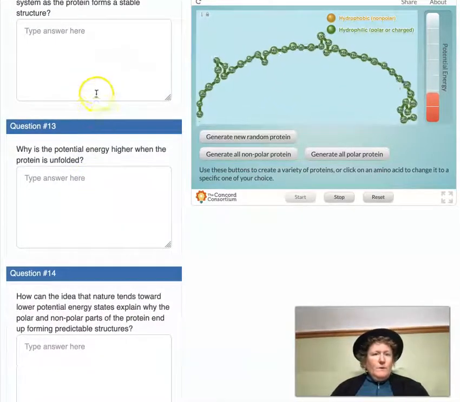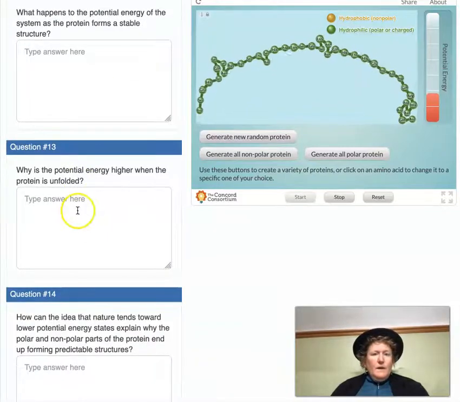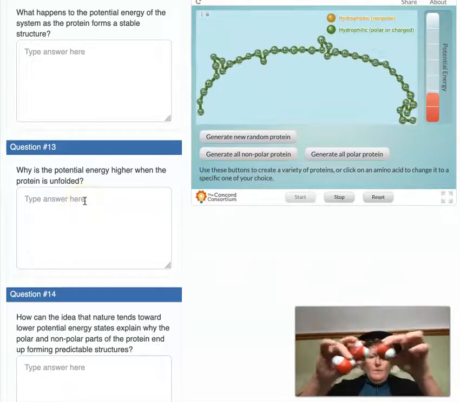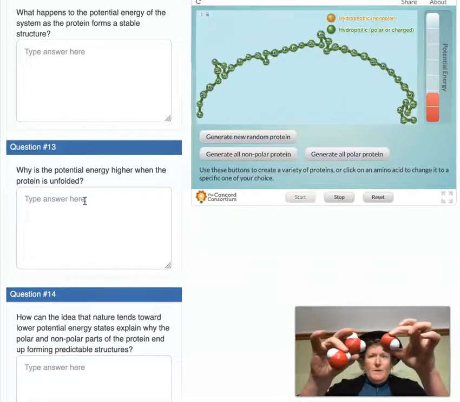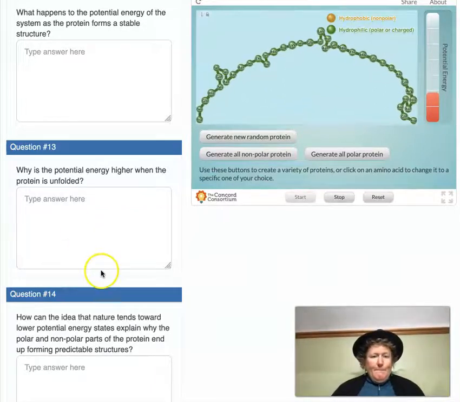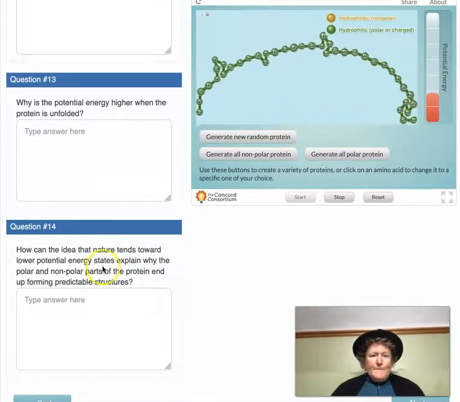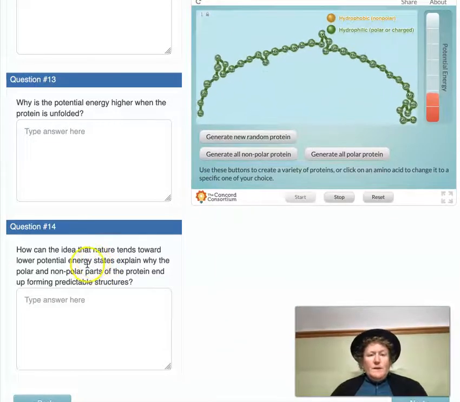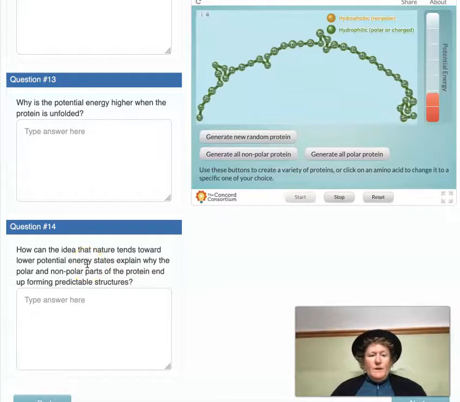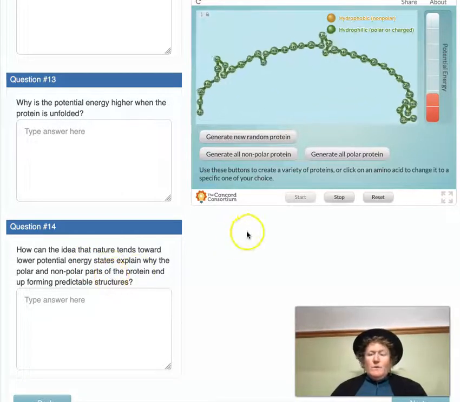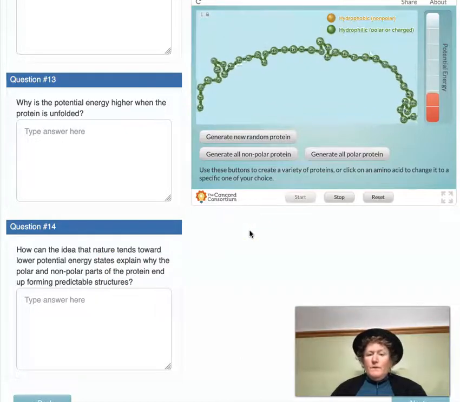I think we just went over some of the answers. Remember, potential energy is higher when polar molecules are separated, and when they get together, the potential energy goes down. We just talked about the law of nature that says things have to trend towards lower potential energy because it's a rule of the universe.